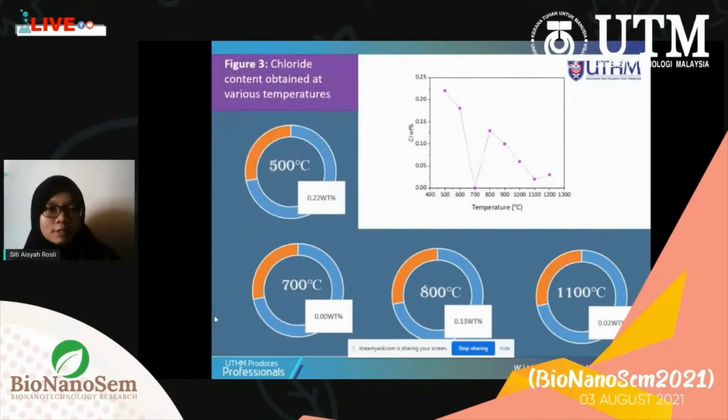For figure 3 to figure 7, we are going to discuss the trace elements in our Crassostrea bilineata. Chloride content shows a reduction along the heat treatment process. The chloride is associated with the whiteness of the shell.